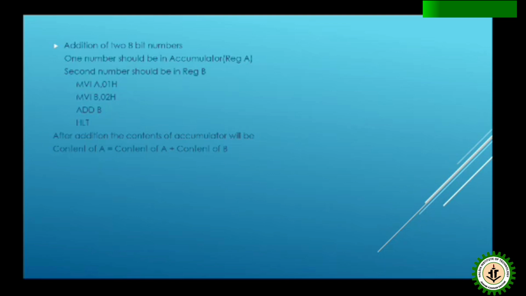That means this very simple program, addition of two 8-bit numbers, takes 6 bytes of space. After addition, the content of accumulator is equal to the old content of accumulator plus the content of register B. That is, the accumulator content is variable.